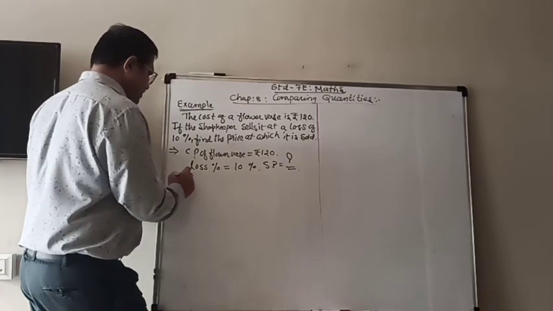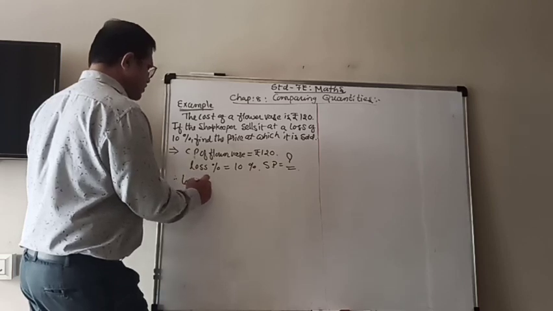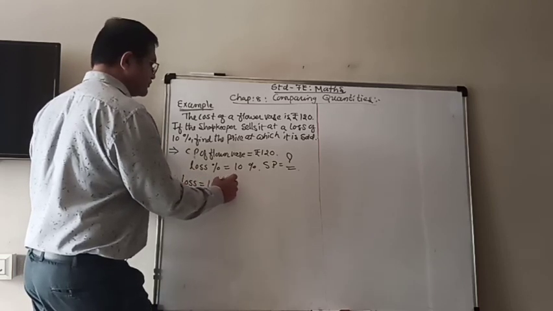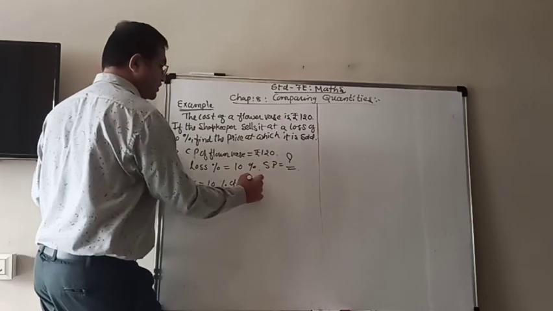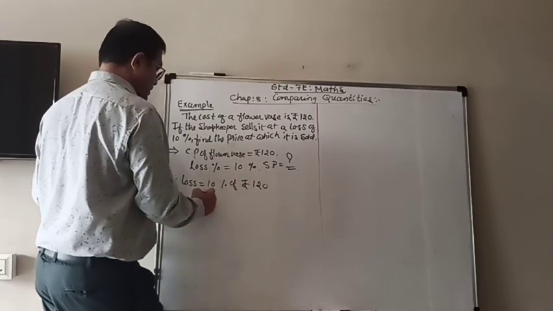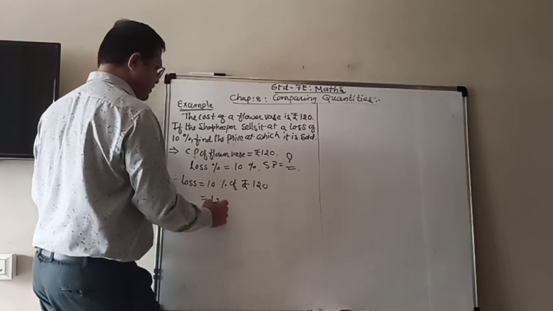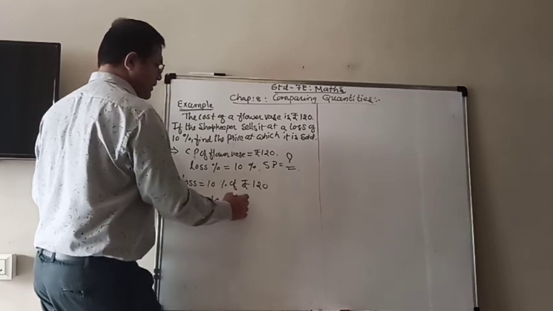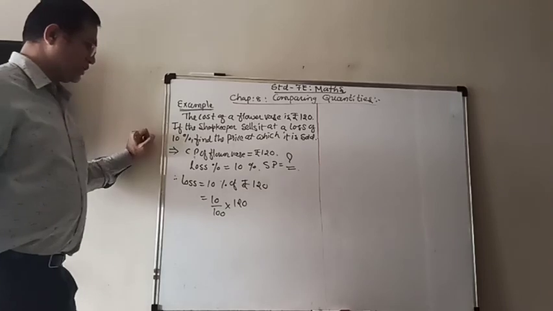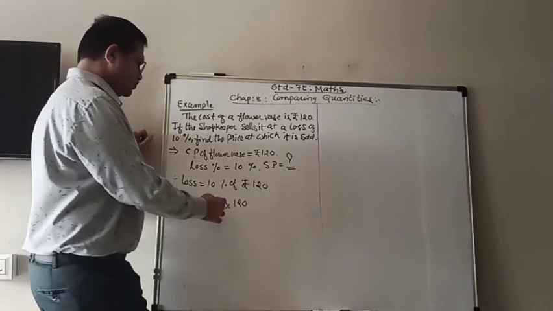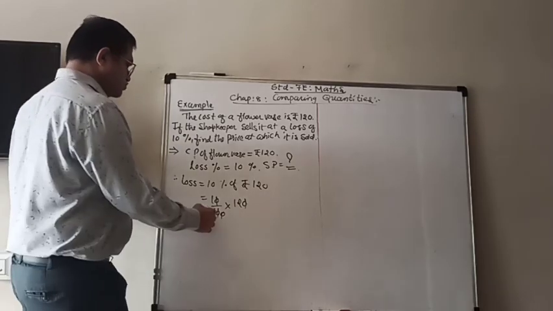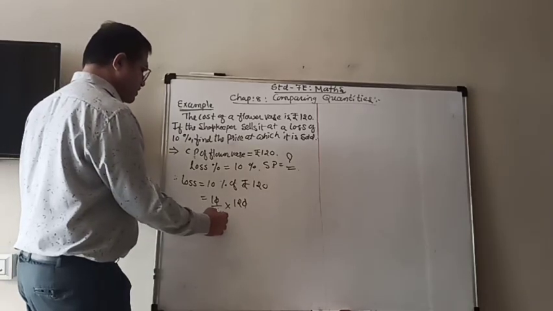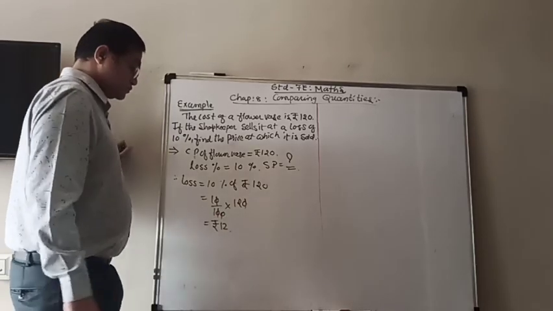So we can say loss is equal to 10% of rupees 120, that is 10 upon 100 multiplied by 120. So here both the zeros are cancelled, so we get loss is rupees 12.